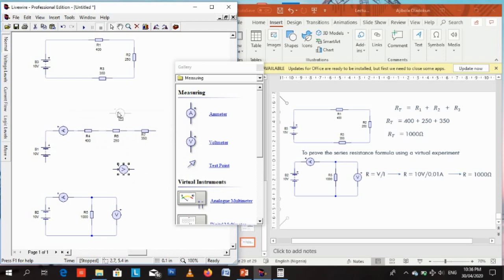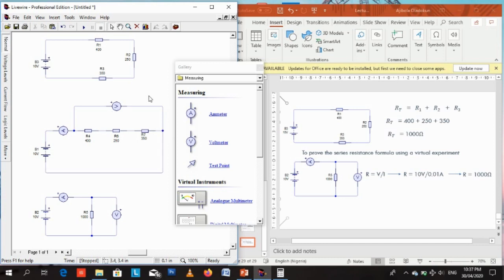So now I want to measure voltage across these 3 resistors. Now I'm going to do something that probably I've not done before. Connect it from one end of the series resistors to the other end. So this is how to connect a voltmeter across 3 resistors in series. From there I tap a wire from the end terminal to the battery.